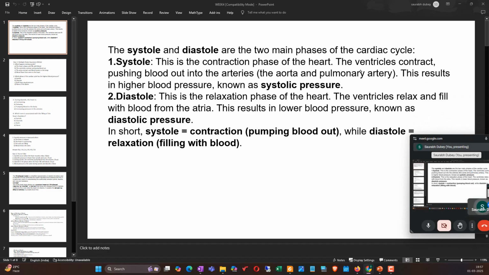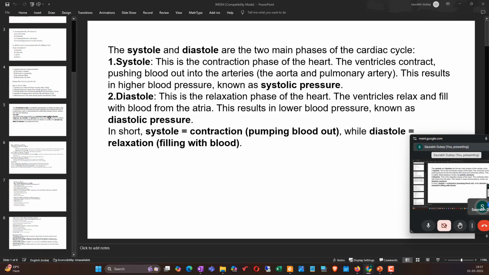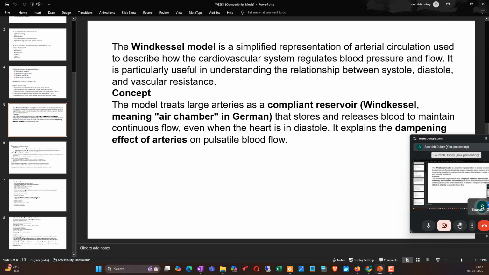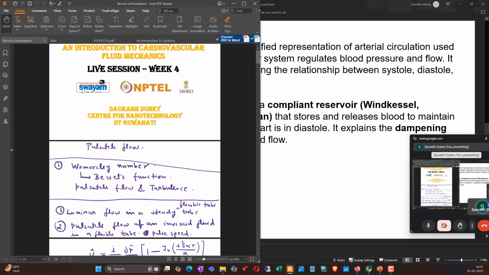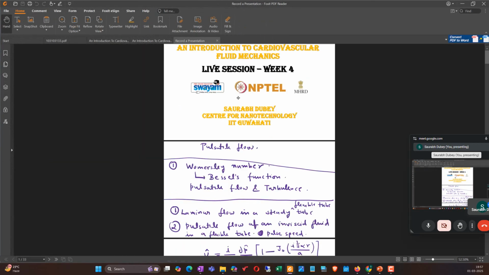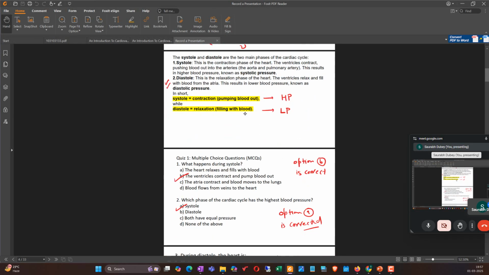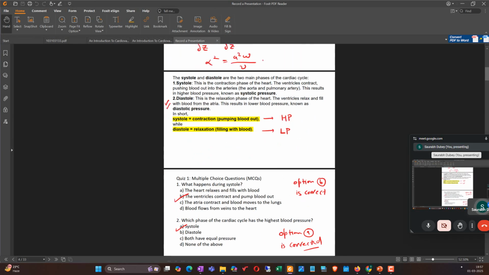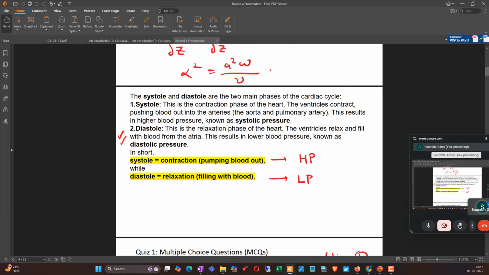For the systole, the ventricle contracts, pushing the blood out into the artery and arteriole, and this results in this high pressure in systole. So I have just made this short form.